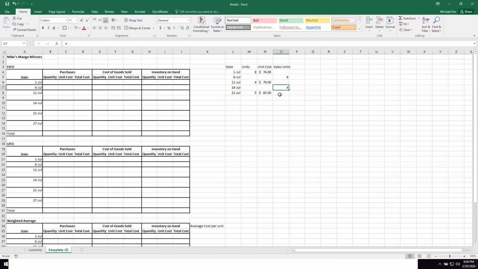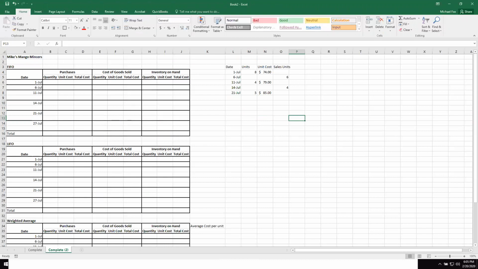And I think, why do I have a 27th but have no data for the 27th? That's weird. I think in the homework there's another sales unit. Yeah, that would make sense. And it looks like when I set this up ahead of time, I had that, but I'm wondering if I just deleted it, because I set this up ahead of time.